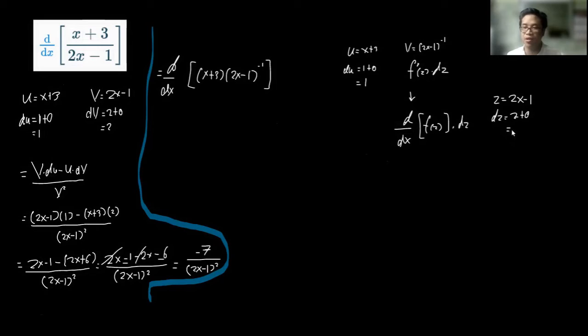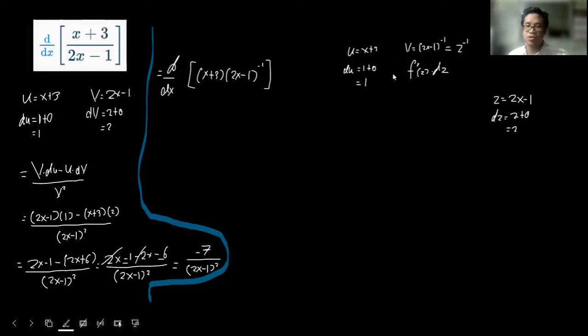So I will have 2 and that's it. Since z is equal to 2x minus 1, this is the same as z raised to negative 1. Now let's use the formula of f prime of z times dz.